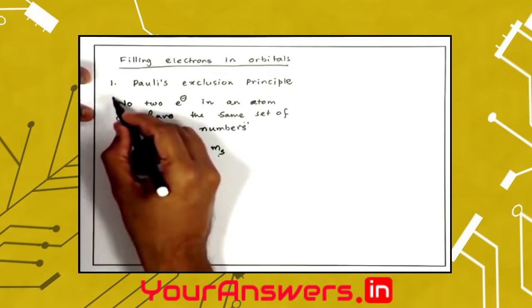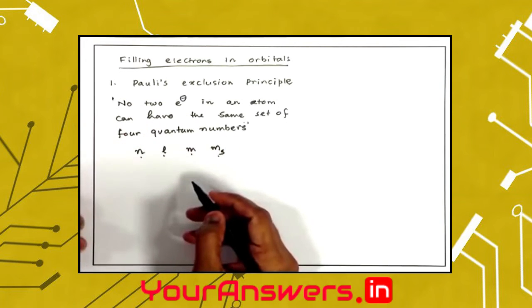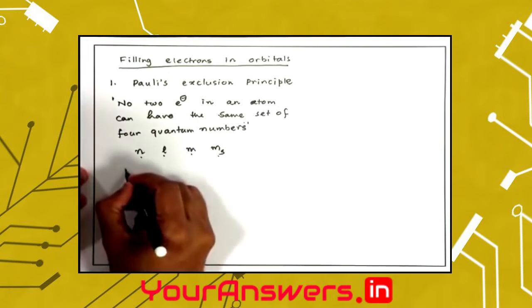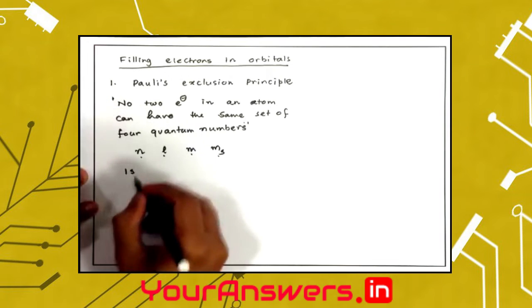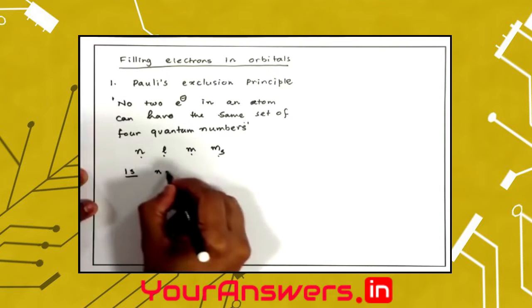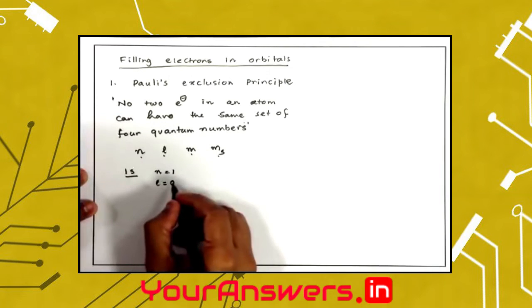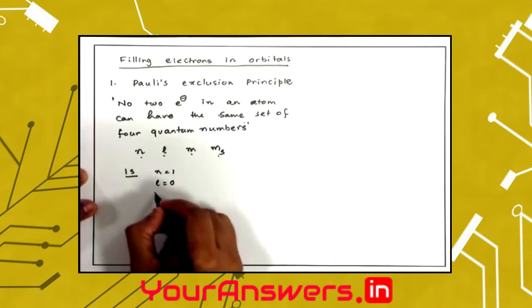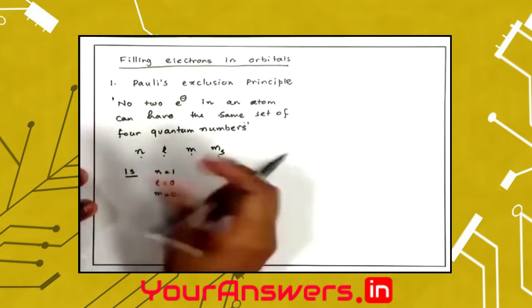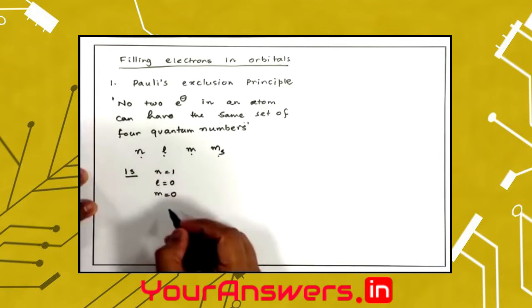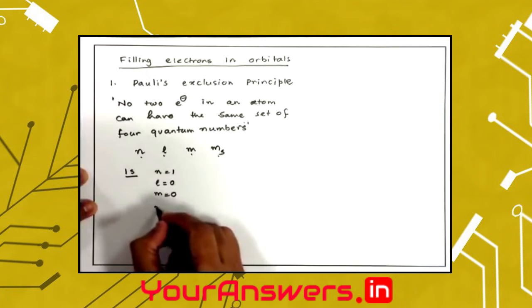So looking at this, let us consider the 1s orbital. For the 1s orbital, n is 1, l is 0, and since l is 0, the possible value of m is again 0, because there is only one orientation for an s orbital. And what are the values of ms?